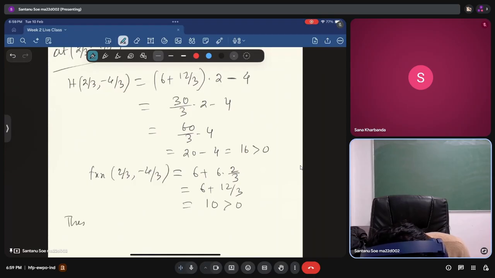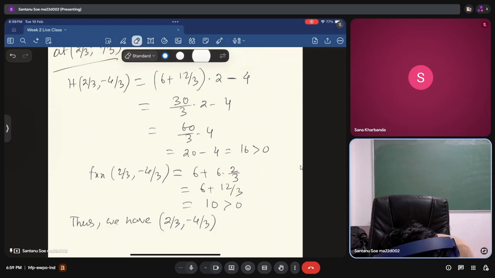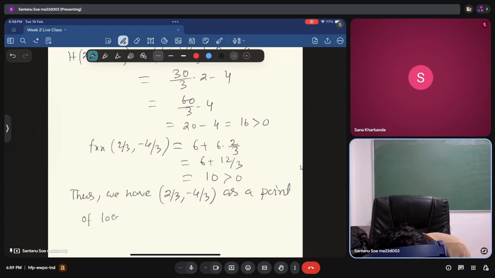So thus we have (2/3, -4/3) as a point of local minima.